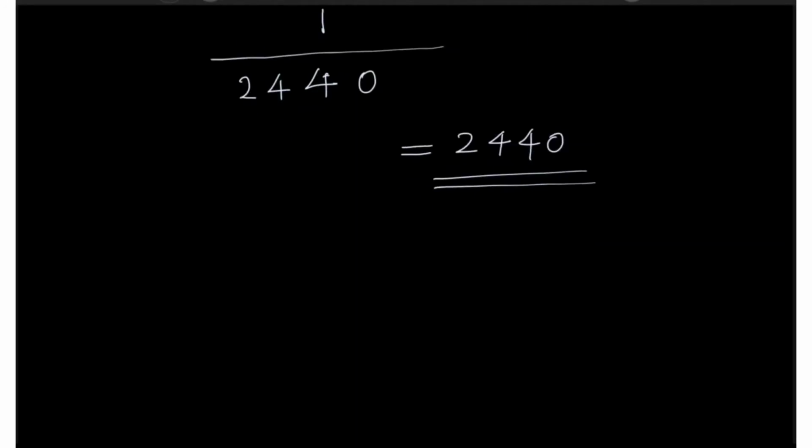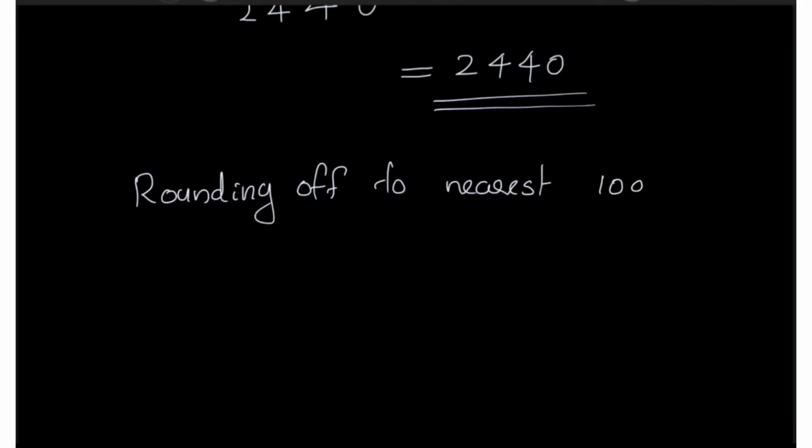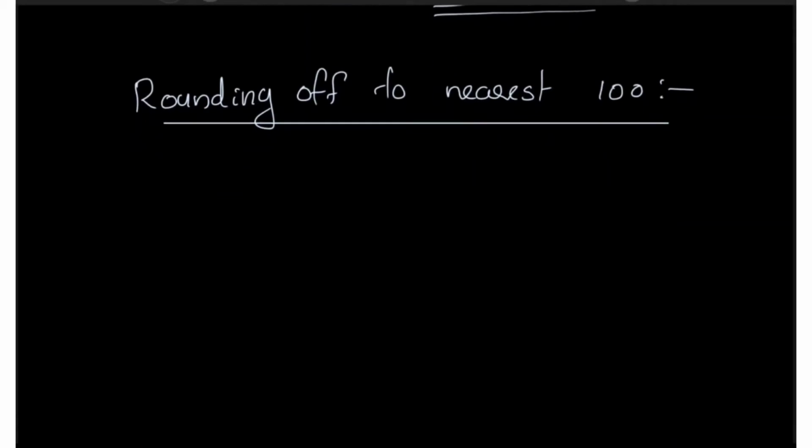Next is how can we round off to 100? Rounding off to nearest 100, and again we can take one example.